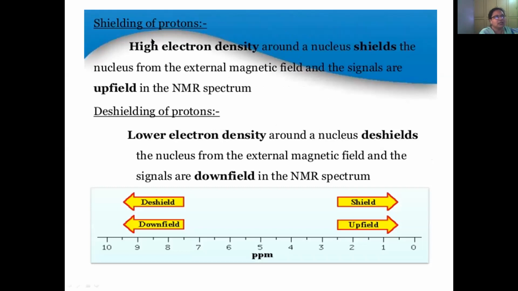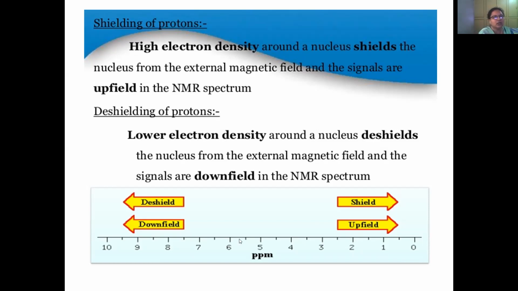In chemical shift, we have to study the shielding and de-shielding of protons. Shielding of protons is when a nucleus has high electron density around it, so the nucleus is shielded from the external magnetic field, and signals are upfield in the NMR spectrum.